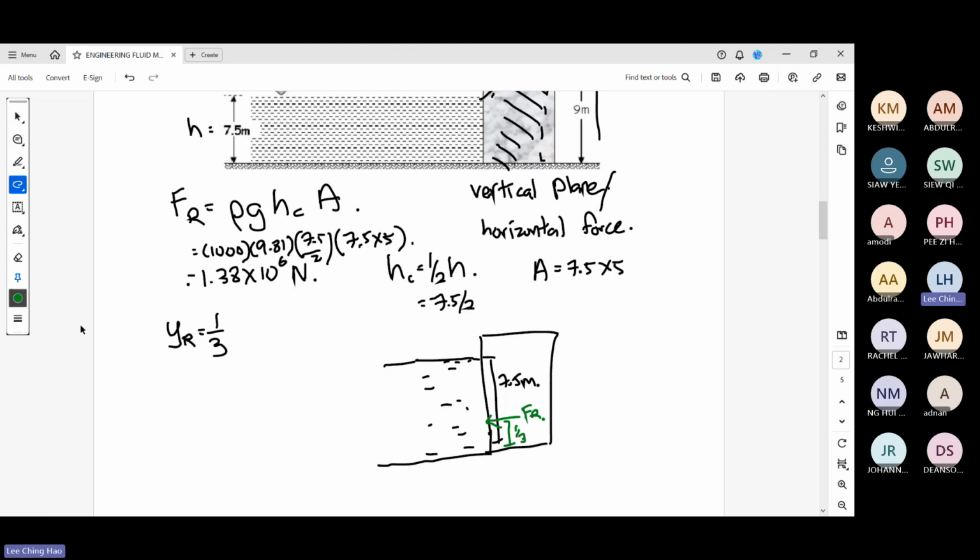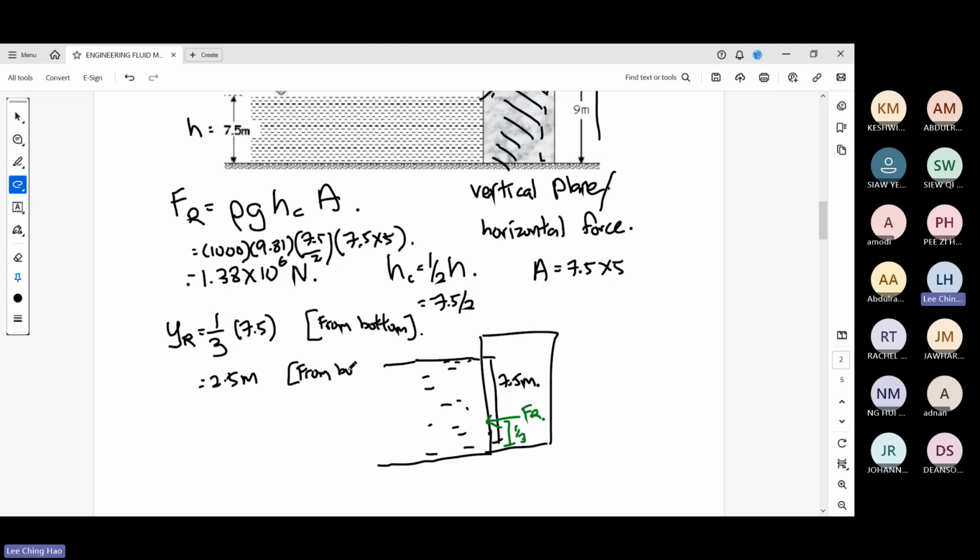So it will be 1/3 of 7.5 meter, from the bottom. Let me find a value first. It will be 2.5.